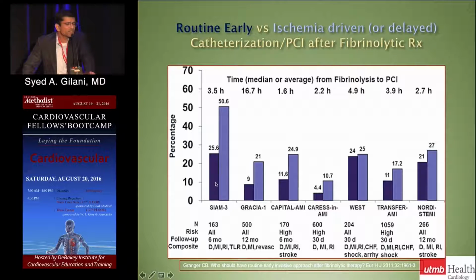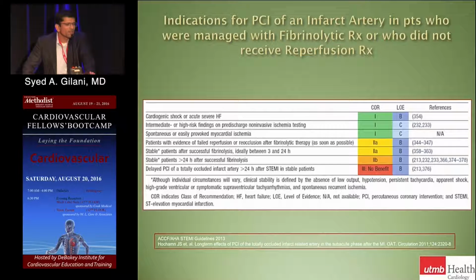So that's why there's a class 2A indication. Then there's a class 3 indication for patients who have delayed PCI of a totally occluded infarct vessel after 24 hours of STEMI. That's for stable patients.